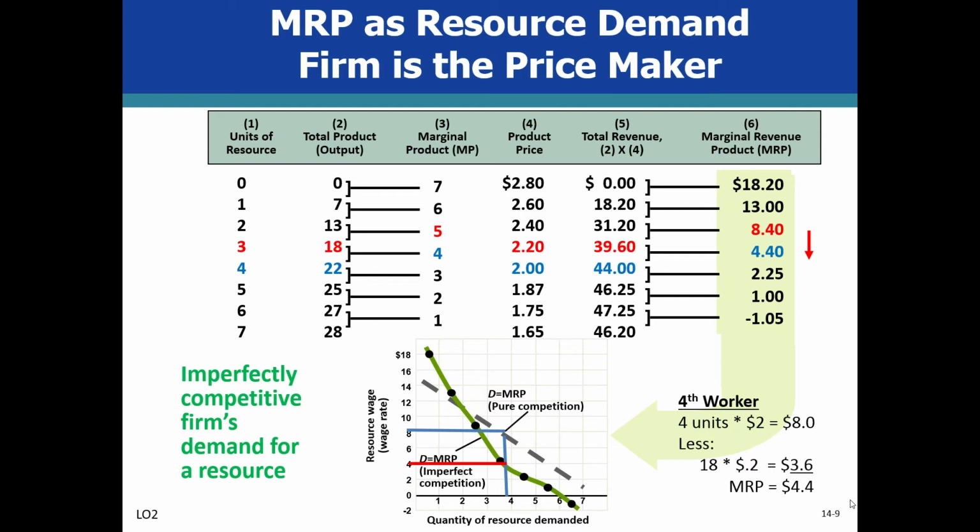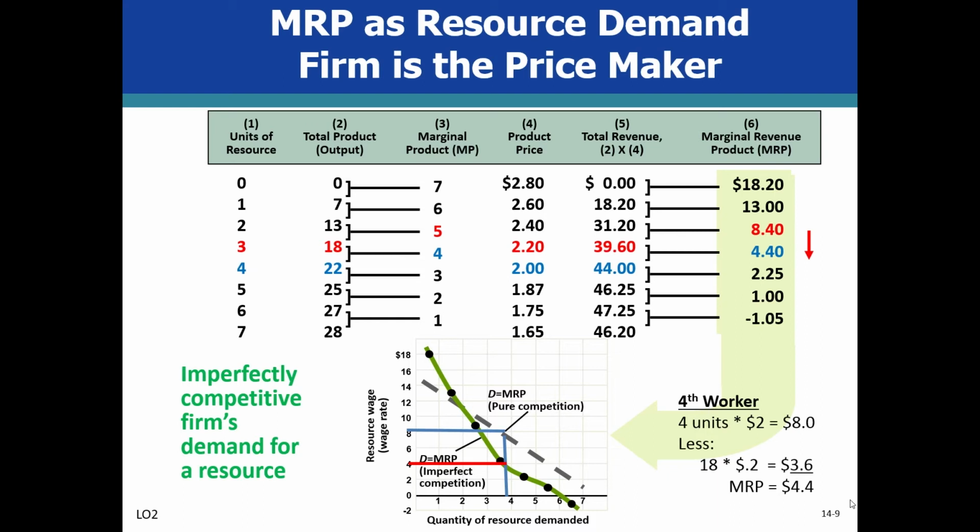What are the conclusions? This example highlights that an imperfectly competitive firm's resource demand curve is less elastic than a firm operating in a perfectly competitive market. And we can see that here in the graph down at the bottom.